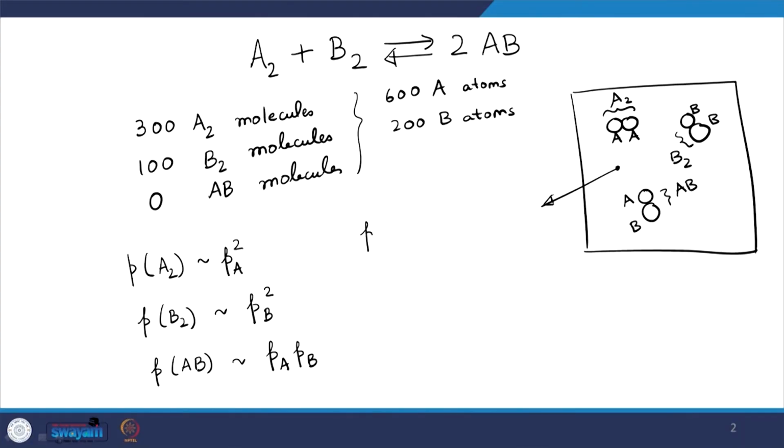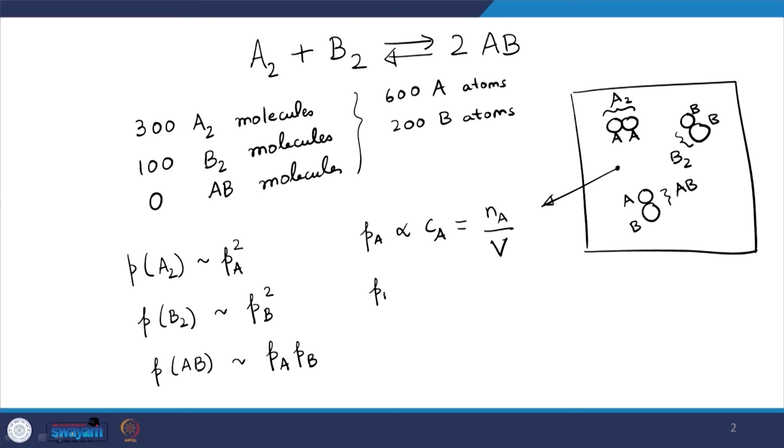So, PA is going to be proportional to the concentration of A, and concentration is going to be the number of A by V, right. So, I am talking about atoms here. So, CA is the concentration of A atoms, that is equal to the number of A atoms in the system divided by the volume of the box or whatever where the experiment is being carried out.